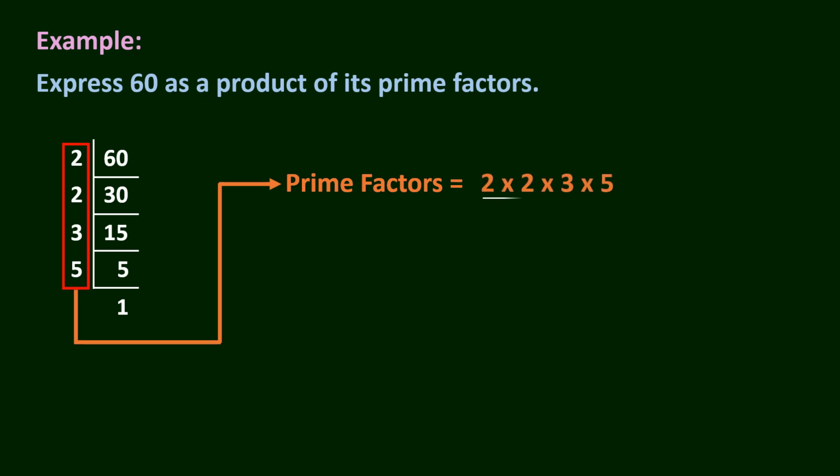This is the prime factor form. 2 times 2 can be written as 2 squared, so it is 2 squared times 3 times 5. So you have expressed 60 as a product of prime factors.